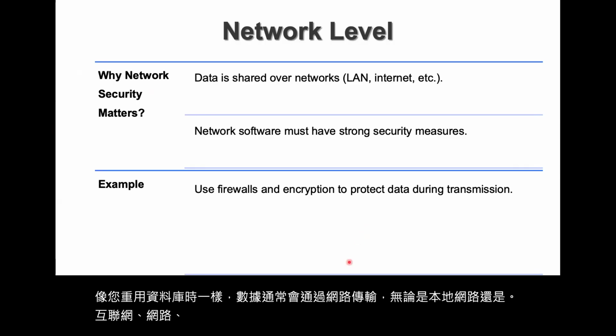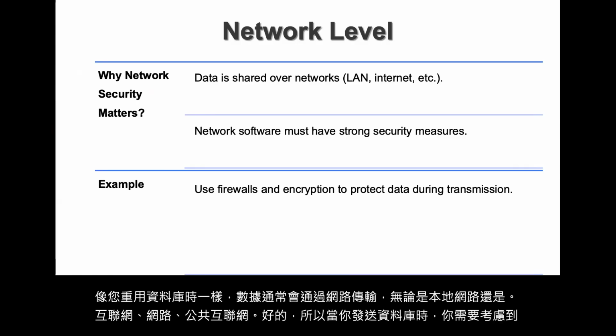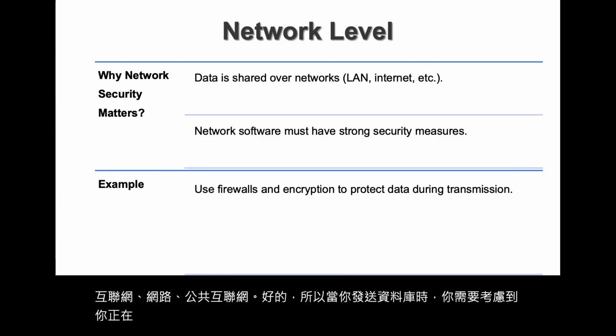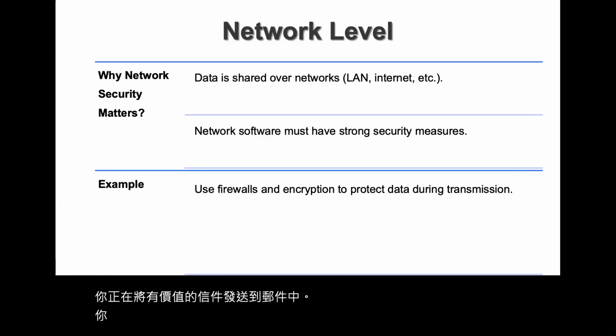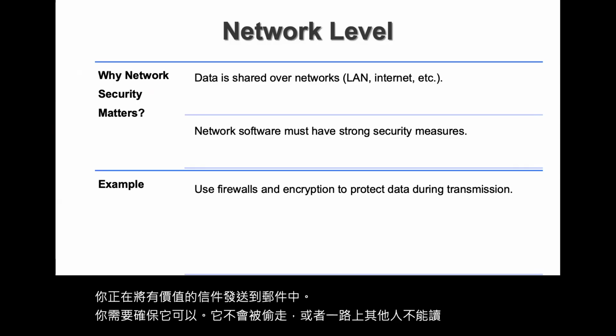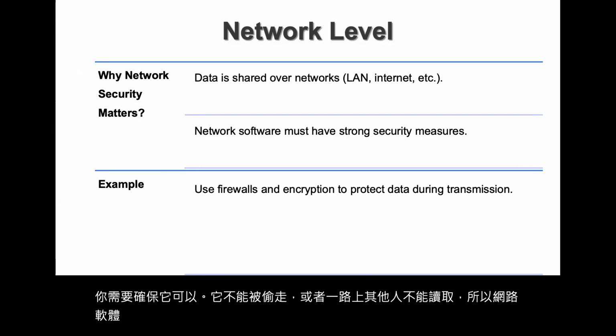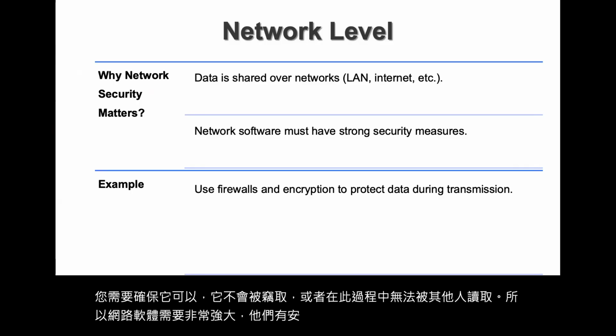When you are sending the database, think of it as sending a valuable letter through the mail. You need to make sure that it cannot be stolen or read by someone else along the way. So the network software needs to be very strong, with security features to protect the data.